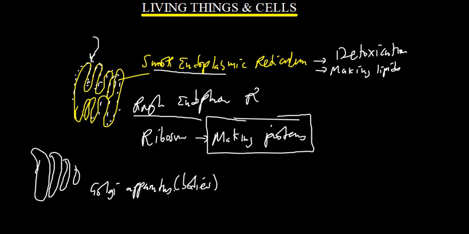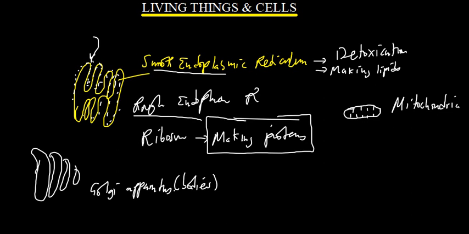We are also going to see some organelles which will look like this. They look a bit like a cylinder. You see something like that. These ones we call the mitochondria. Now the mitochondria is an organelle where energy is made.